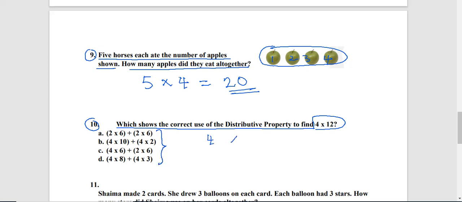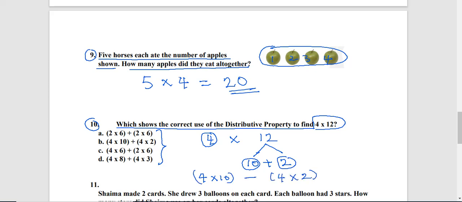If we have 4 multiplied by 12, by mere observation we can see that 12 is the same as adding 10 and 2. 10 plus 2 will give 12. So the 4 can multiply 10. It can also multiply 2. So we're going to have 4 multiplied by 10 and the same 4 multiplied by 2, and adding them together. So that leaves us with option B.